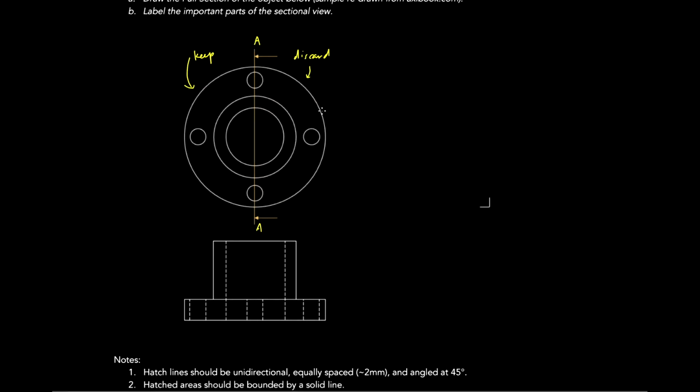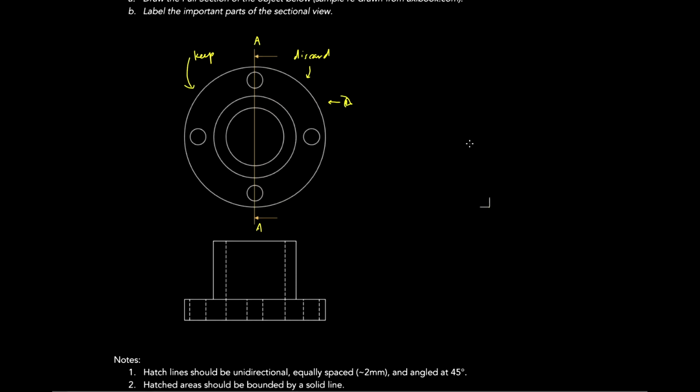When we discard the section, we are looking at a view wherein this is our line of sight. This is our eye, and we are looking at it from this angle. There are markers here so that we are guided on where to draw our final answer.